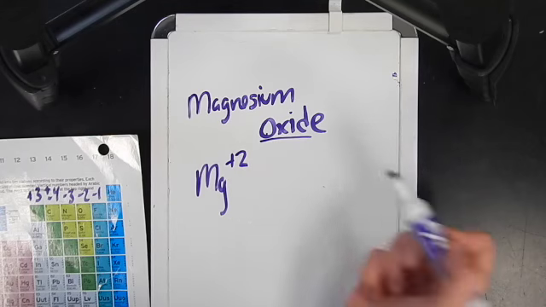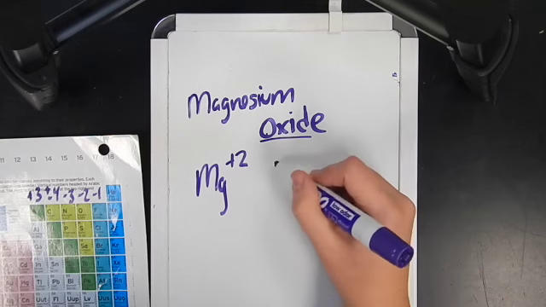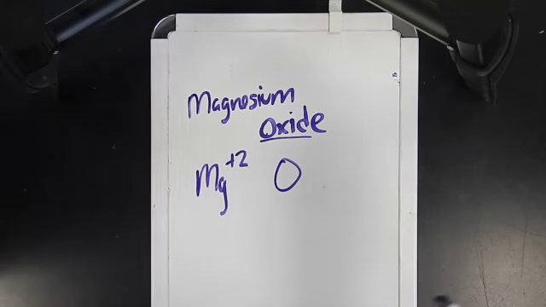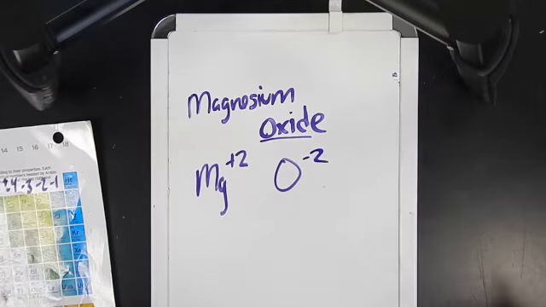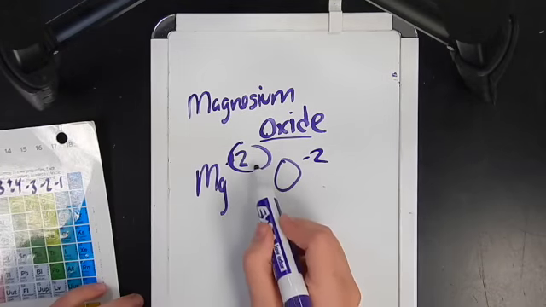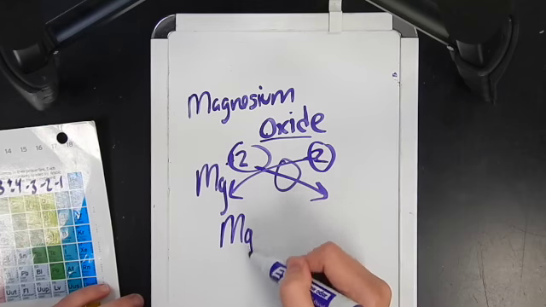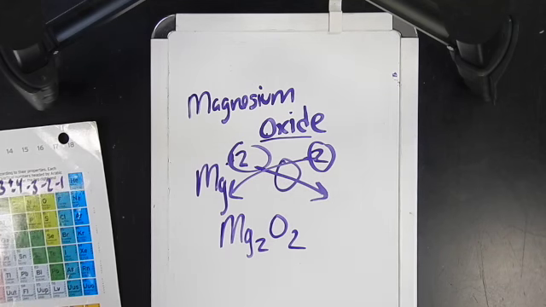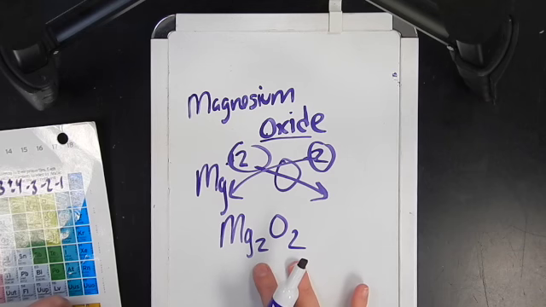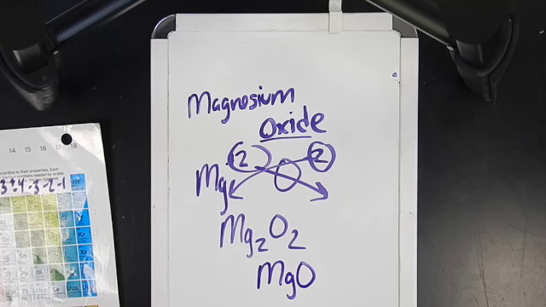Oxide, you look at the main part, oxy, well we know that's oxygen. Then you find oxygen on the periodic table right here, and it is a -2. Okay, then we crisscross. This 2 goes with the oxygen. This 2 goes with magnesium, so Mg2O2. But that is not completely correct. These 2's, since they're both 2, can be simplified to just MgO. So that would be magnesium oxide.